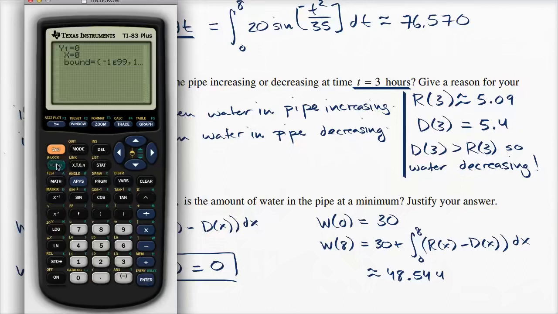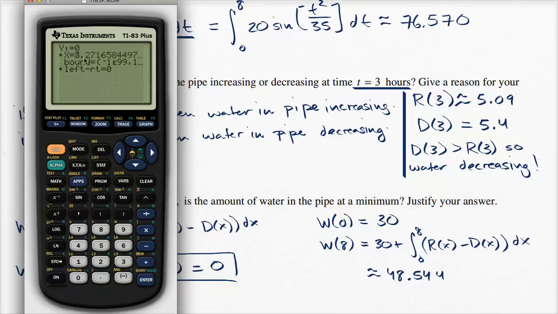And now I do alpha, and I click solve here. It's in blue, you see, right above the enter. And it gets to, well, 0 is one of them. Let's see if I can get another one. So let's see if I start at 2, alpha, solve, let it munch on that a little bit.